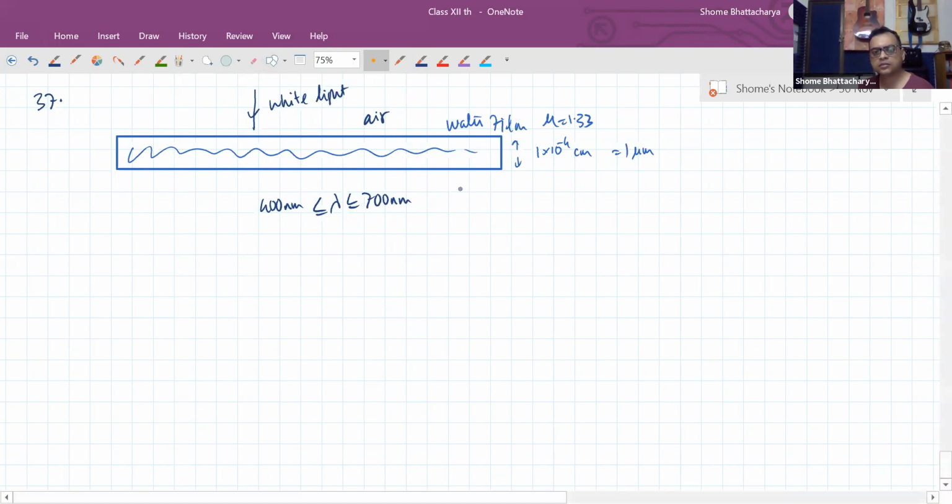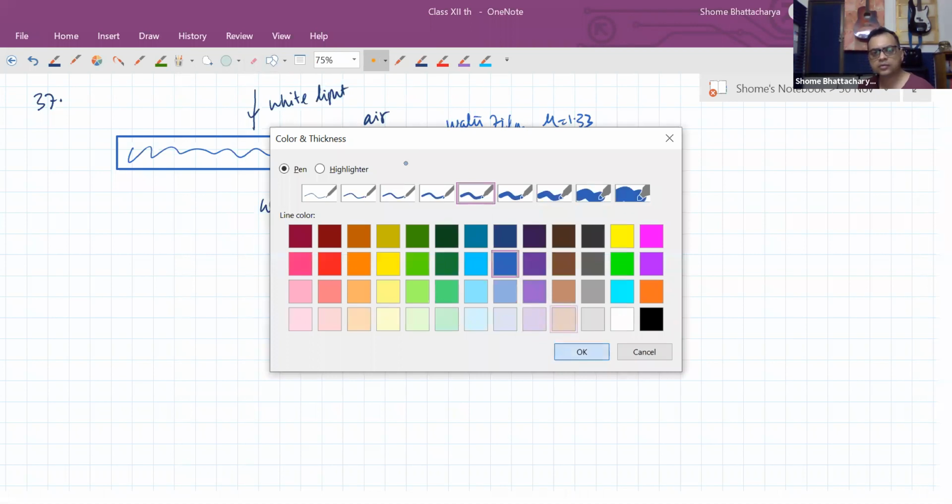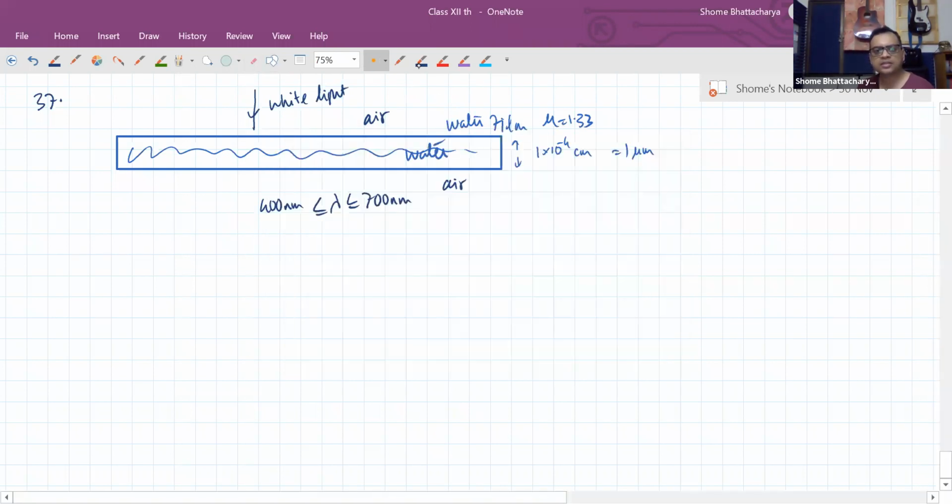So there is air on either side and water in between. Transmitted light will be basically light which is coming out on this side. So it is light that is directly coming out, or light which is reflected and re-reflected.